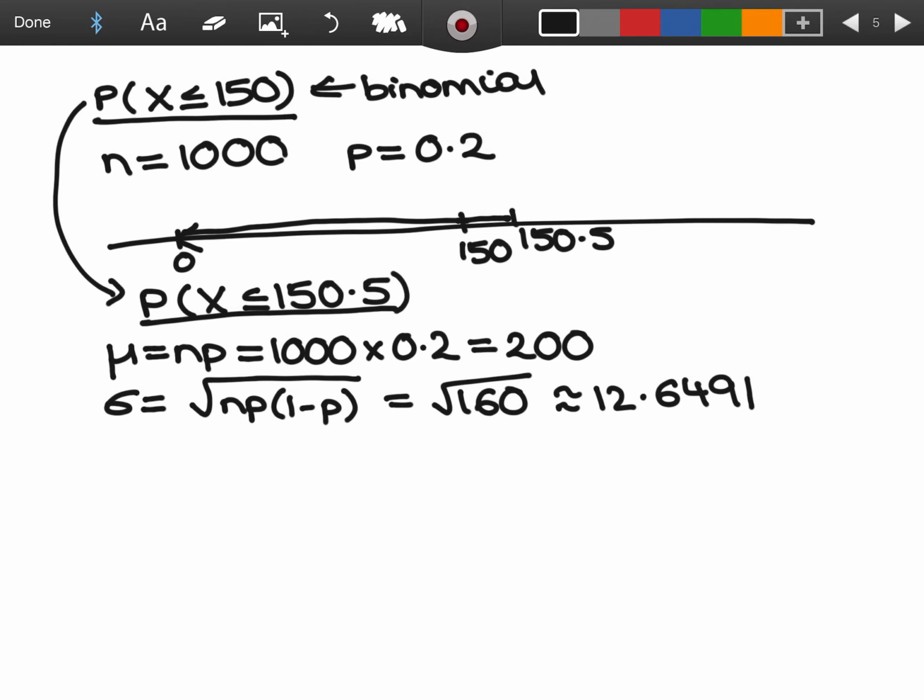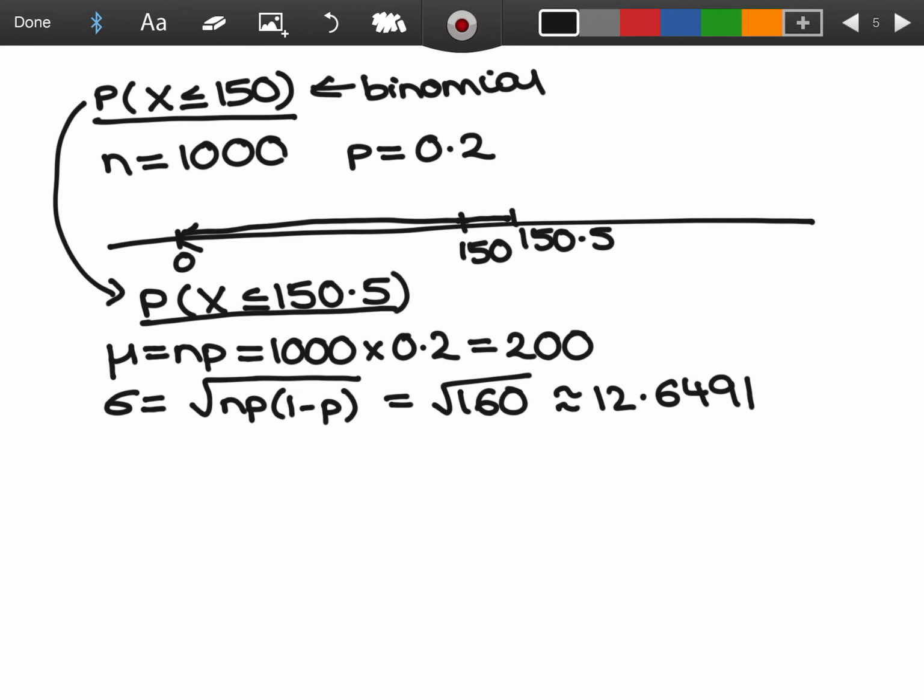If you go to your calculator, go to second and distribution, so second and the vars button, and go down to normal CDF. Remember that it asks for our mean and the standard deviation. It will also ask for a lower and upper bound.